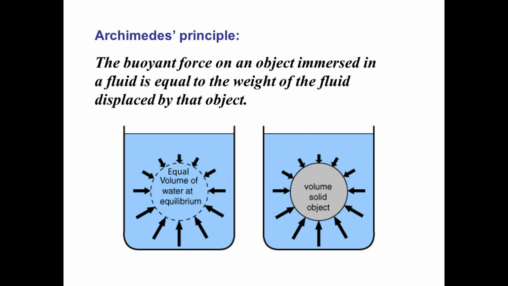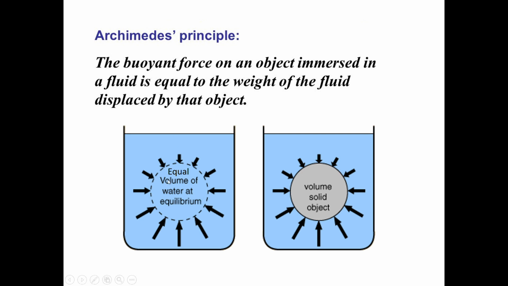And therefore, the weight of the water must equal the buoyant force, right? If it's in equilibrium, the sum of the vertical forces must be zero. It's got its weight going down, and what's pushing up on it? The buoyant force. Since it's in equilibrium, those two must balance.